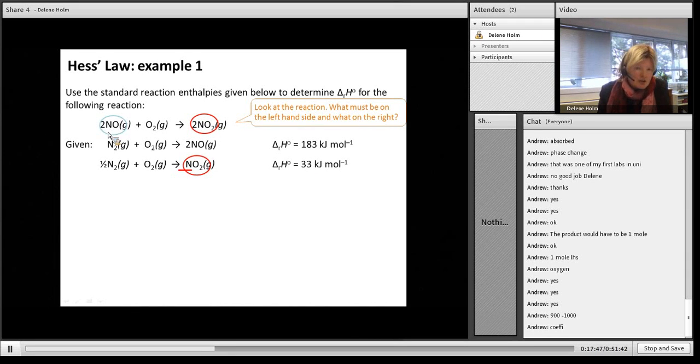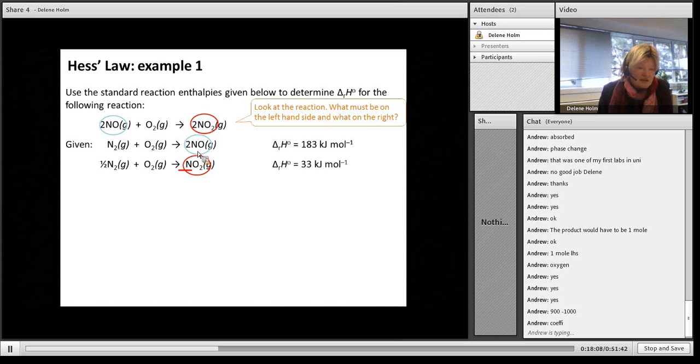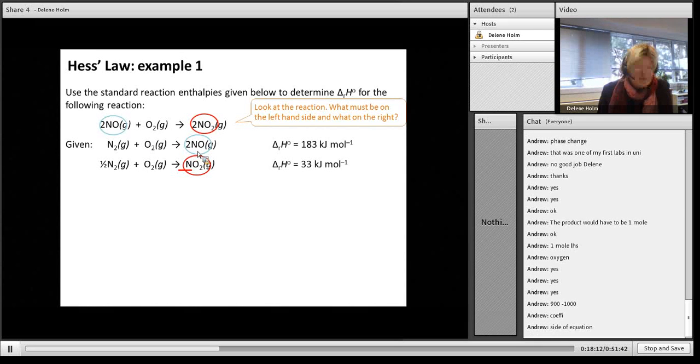Then look at what must be on the left-hand side of the equation. I've got to have NO. So you look at the given equations and you go, sorry, I've got to have NO there. So I've got 2 and 2, but what is different between these NOs? It's on the other side of the equation.